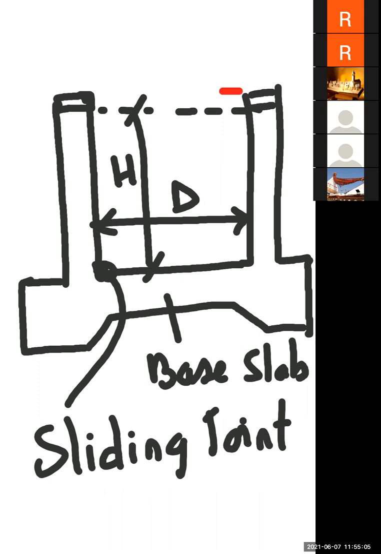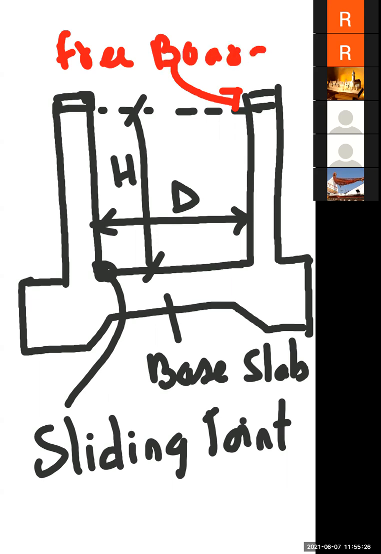Then tell me, what is this distance? Freeboard, ma'am. Right, freeboard. This is your water level, right?